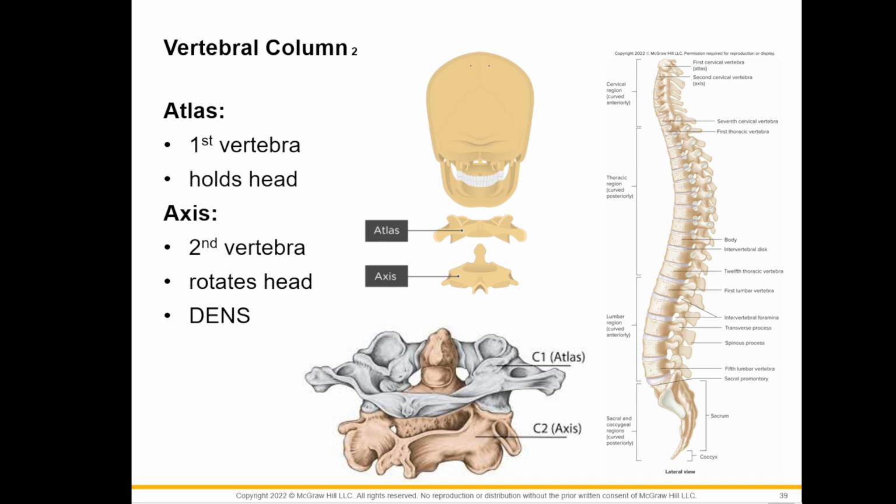So Atlas is C1, and then on C2 is Axis. Axis has a superior protrusion called the dens. And the dens actually enters the atlas, as you can see here in the second image. So yung superior portion niya is connected to the first part, or to C1. And C1 and C2 provides a very good support for our head. Okay? So C1 or the atlas holds the head while C2 rotates the head. Okay?